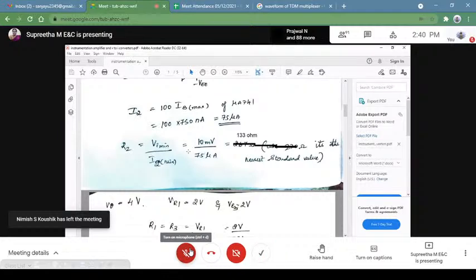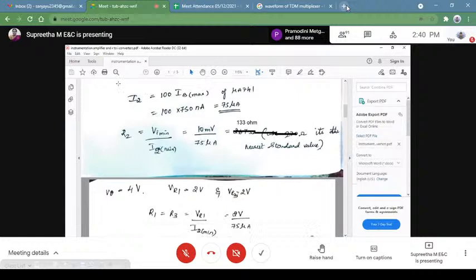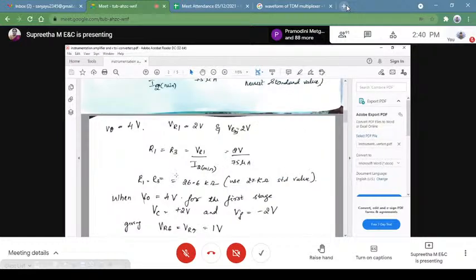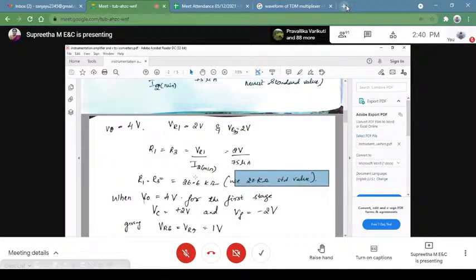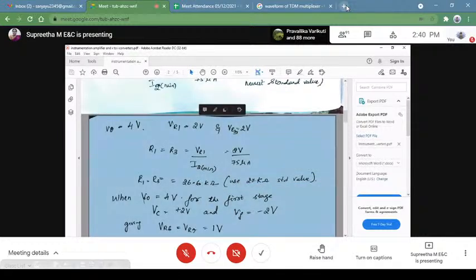And that's why we took the gain to be 1 plus 2R1 by R2. So R1 is equal to R3, 26.6 kilo ohms. That is approximately, we take 27 kilo ohms because it's the standard value. So you got around 26.53, right? So this is 26.53 kilo ohms. Make a change in your notes also.